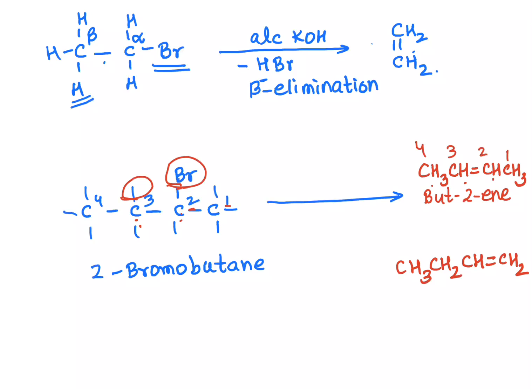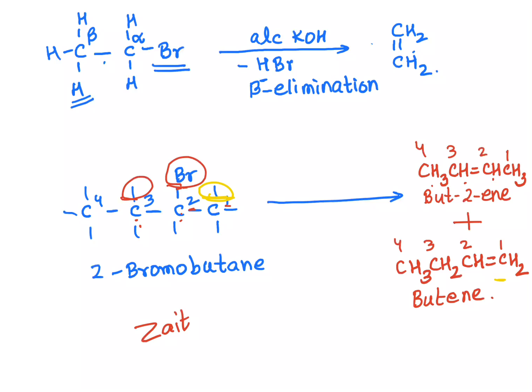Whereas if we take the halogen from one carbon atom and the hydrogen from the adjacent carbon atom, in that case we have the second product over here. Now which one would be formed, or is it that both will be formed? First of all, let's name this product 1, 2, 3 and 4. So we can call it just butene or but-1-ene, right? So which of these would be our major product?